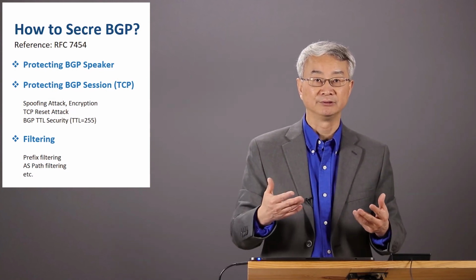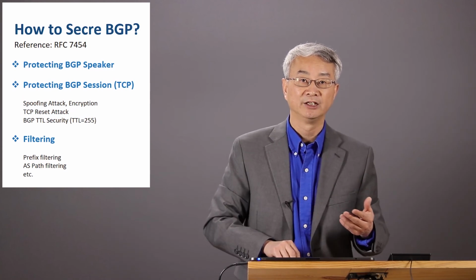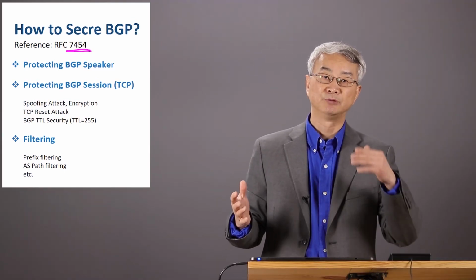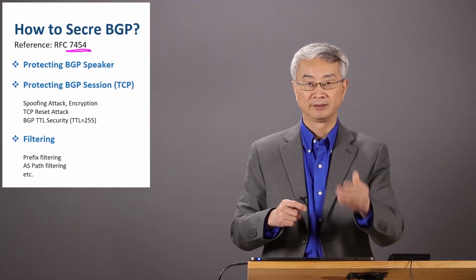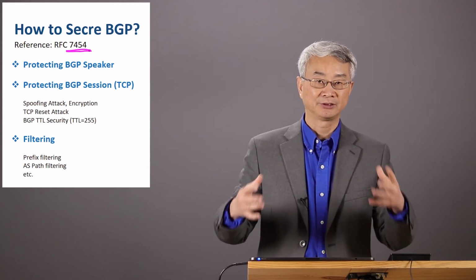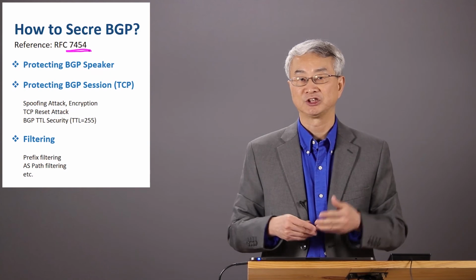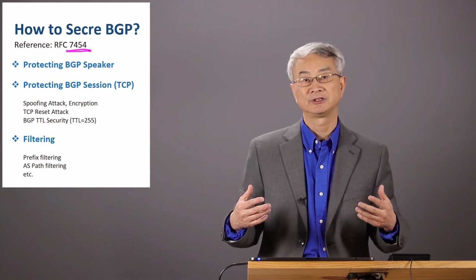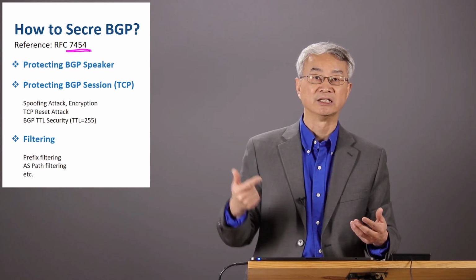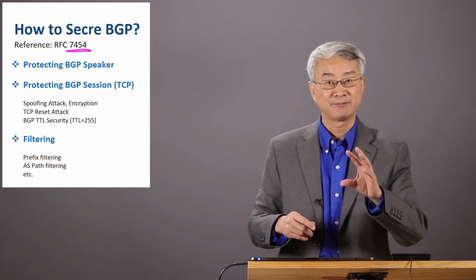I'm not going to dive into that. If you look at RFC 7454, you can see some of the recommendations described in the document. So the main idea is you've got to enforce some policy, just like a firewall. You've got to decide which announcement is valid and which is not valid. Okay, so those are things that you have to do.